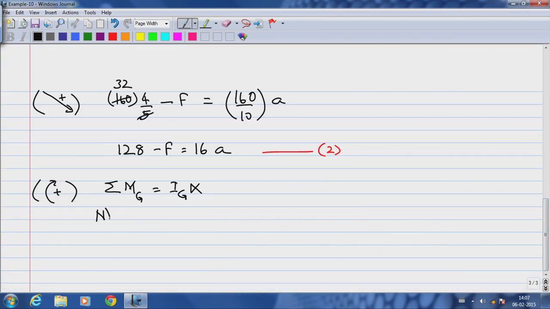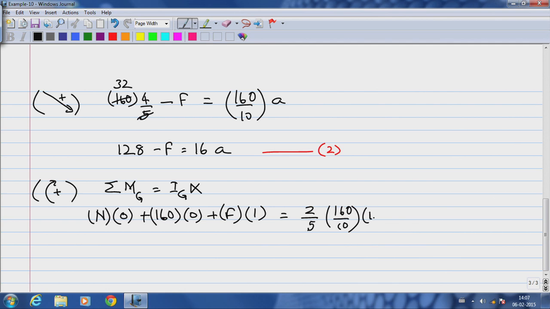The normal reaction has no moment arm, plus the 160, the weight of the body, has no moment arm. The only force with a moment arm is the friction force, and that has a moment arm of 1 meter. I_G for a sphere is 2/5 times m, which is 160 by 10, times r squared alpha.